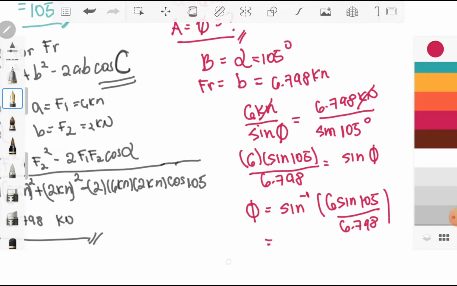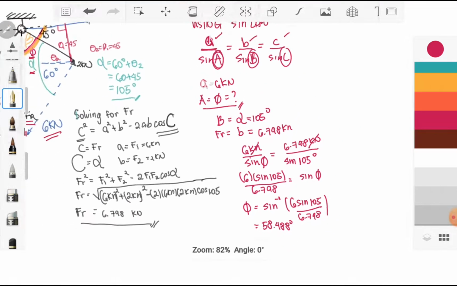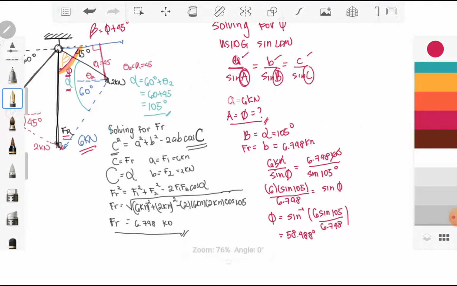Solving using your calculator, shift sine of 6 sine 105 divided by 6.798, you will get an angle equal to 58.488 degrees. This is the angle indicated by our phi.